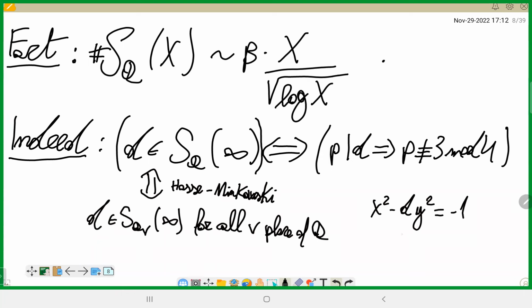If V doesn't divide D, there is a QV point. There is a solution in QV automatically, so V comes for free.